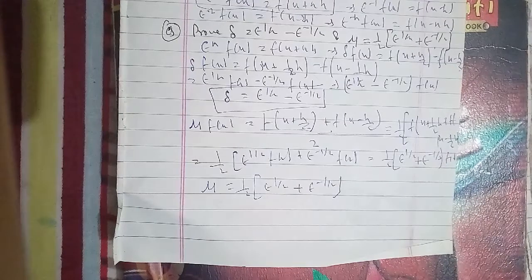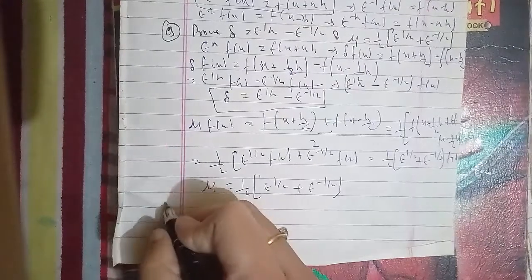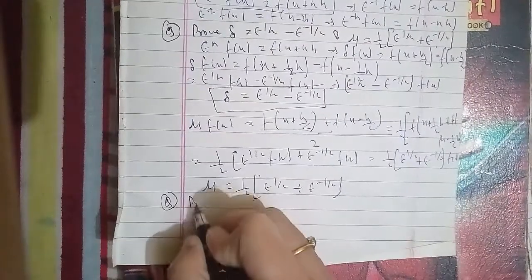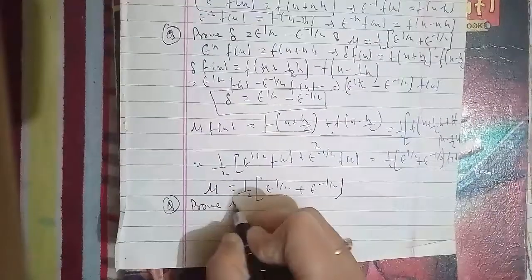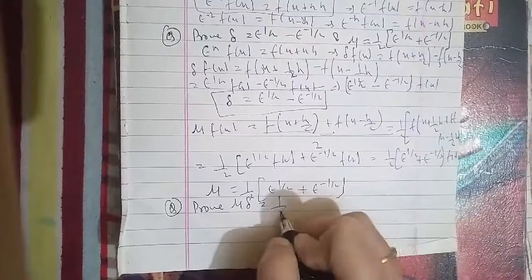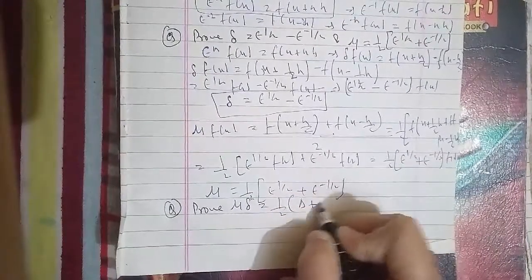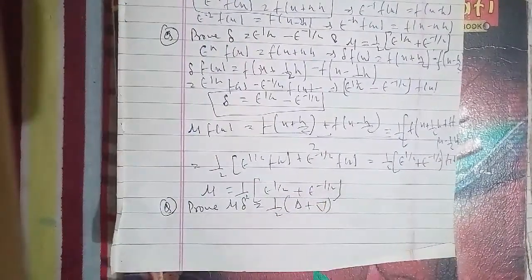We go ahead further, and that is another question that we have to discuss as well. So here, prove μδ = ½(forward plus backward difference operator).